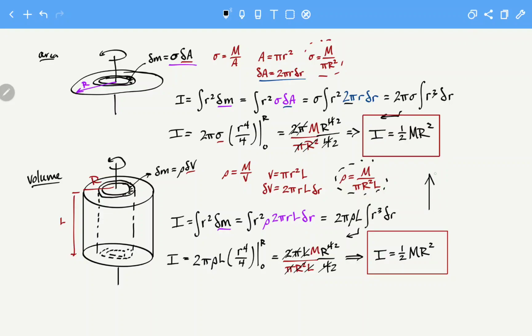These are the same. And that's because it's not rotating around that length. That length is not affecting its rotation. Like how long it is does not matter. It's only about how far away from that center axis of rotation it is, not how long it is.